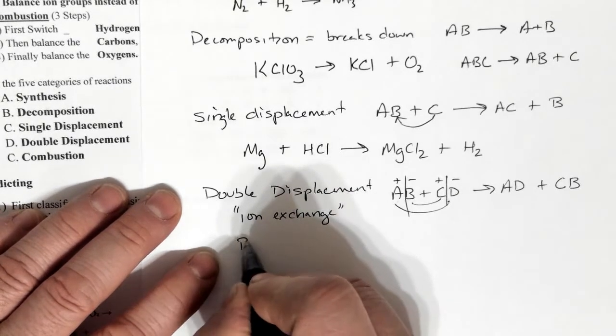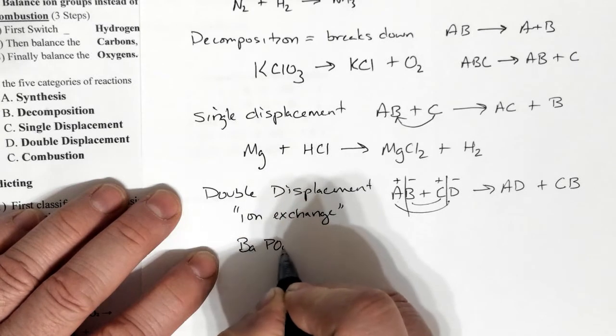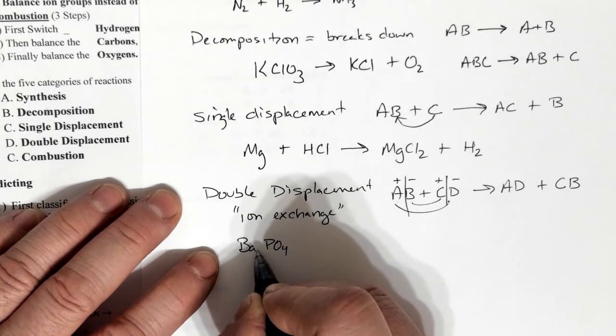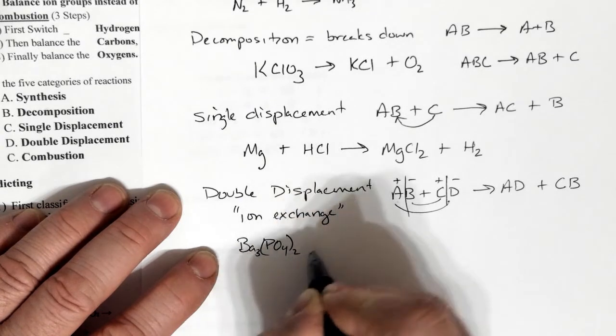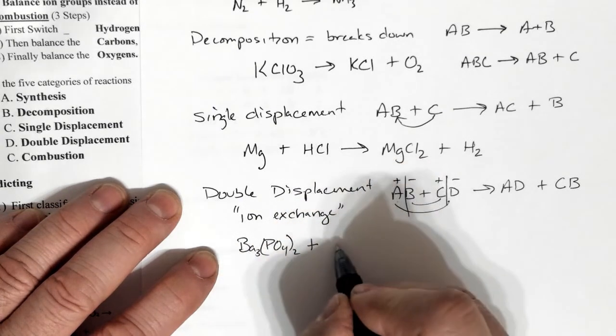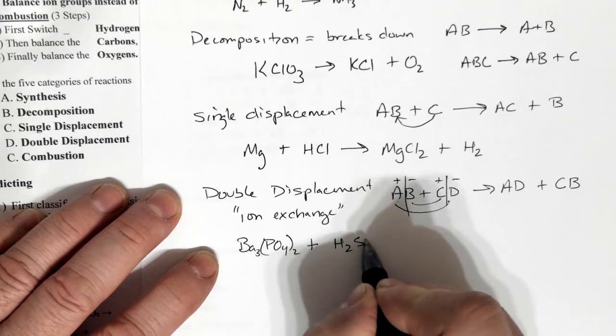Let's just take something like barium phosphate, Ba3(PO4)2, plus hydrogen sulfate, H2SO4.